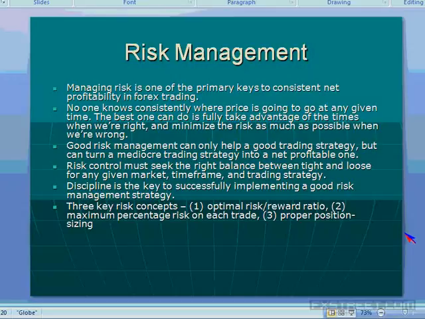By the same token, if you have amazing risk management and only a mediocre entry strategy, then I would give you a much better chance of surviving and of being possibly consistently profitable. So risk management for me is extremely important.